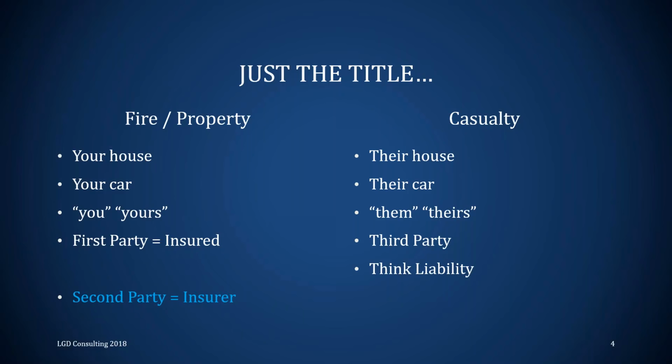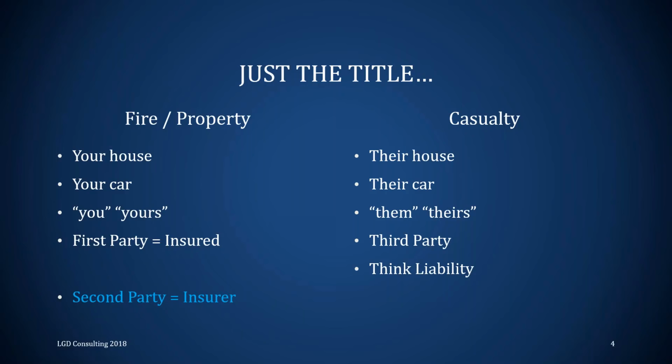When you see fire and property, think of that as your stuff. That's your house, your car. On the contract, you'll see it as you and yours. So we, or us, the insurance company, are going to cover you and your stuff against a loss. And so you are the insured. You're the first party to a contract. You're the one purchasing insurance to protect yourself. The second party is the insurance company, or the insurer.